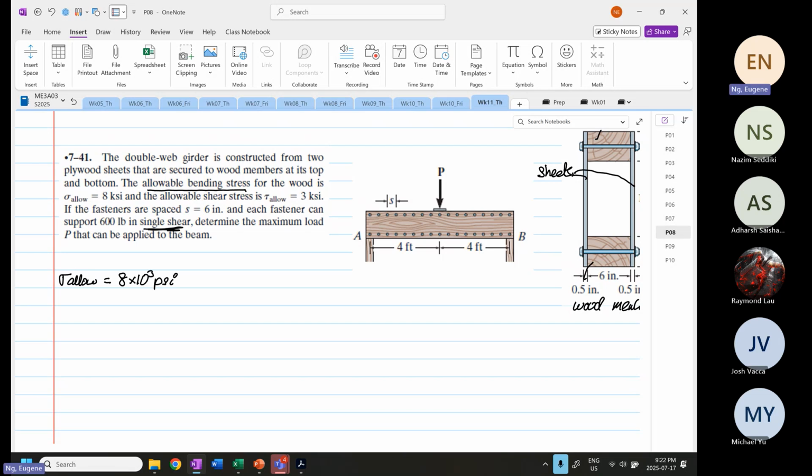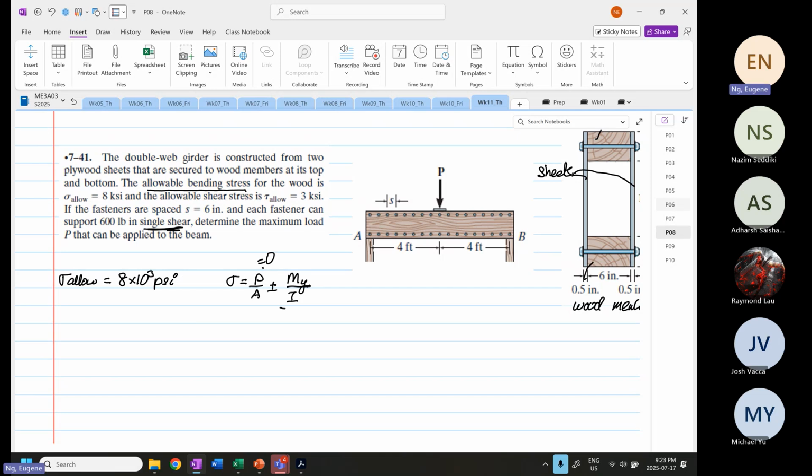For this case, the formula that we're going to apply is stress equals P over A plus or minus My over I. As you can see over here, there's no axial load, so this is equal to 0.